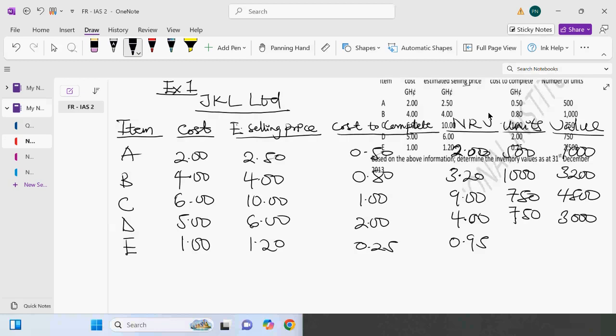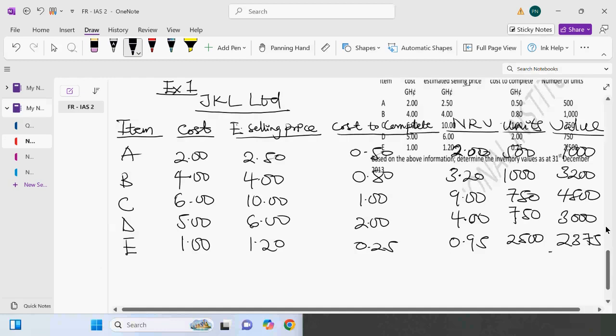And then the unit is what? Is it 2,500? Yeah. 0.95, you multiply times the unit. So what do you have? 2,375. Is that all? Yes.